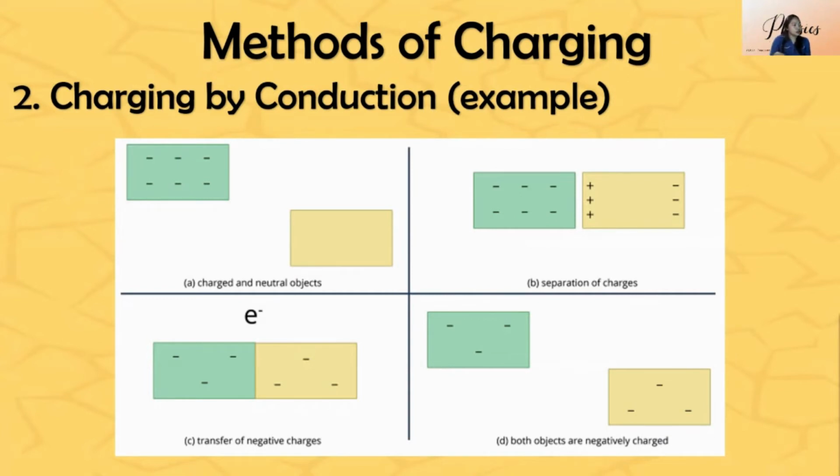The first object is already electrically charged, negatively charged, and the second material is neutrally charged. This one here in color orange.